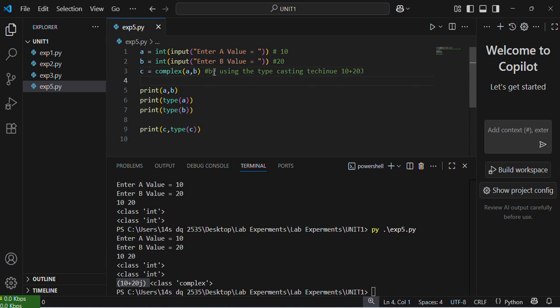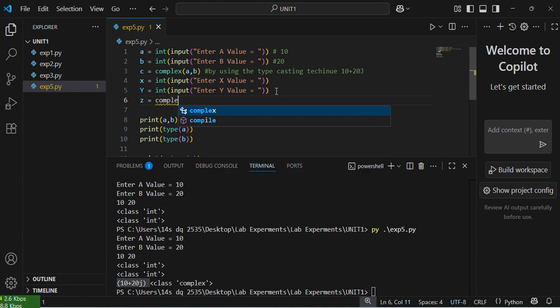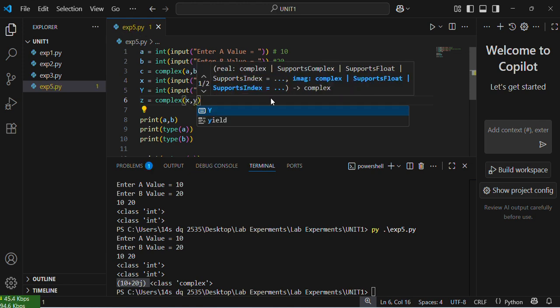I need another, second complex number, which I create in the same manner. x equals int of input, enter x value, and y likewise. Then the z variable equals complex of x, y.